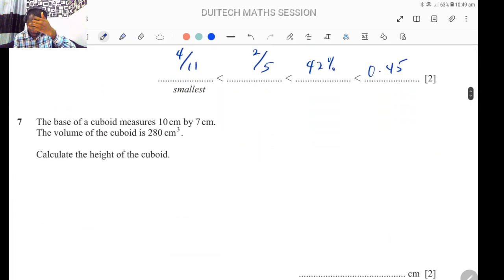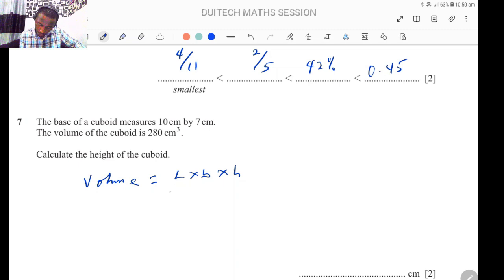They say the base of a cuboid is measured as 10 centimeter by 7 centimeter, and the volume of the cuboid is 280. Calculate the height. We know that the volume is equal to length times breadth times height.